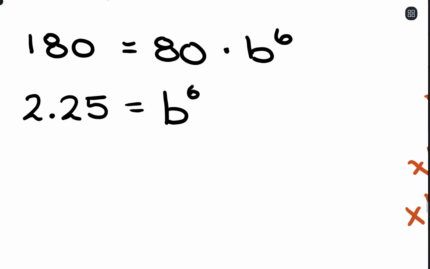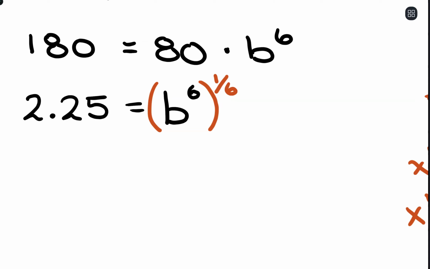So if I have b to the 6th, if I want to take the 6th root, then what I'm doing is I'm going to put parentheses around b to the power of 6, and I want to raise it to an exponent of 1/6. Because what's going to happen is my power to a power rule, you multiply those together, and 6 times 1/6 is 1, which is exactly what we want.